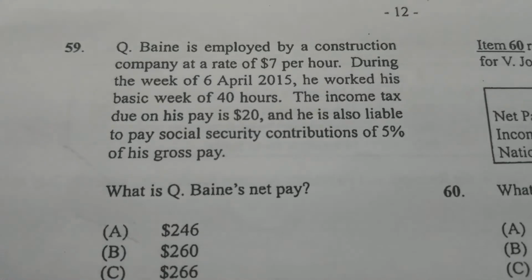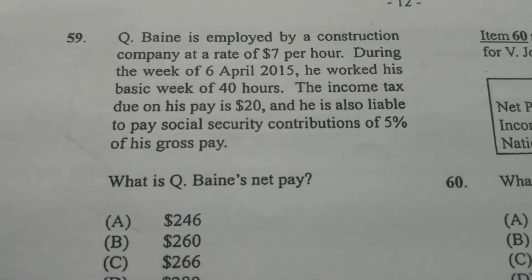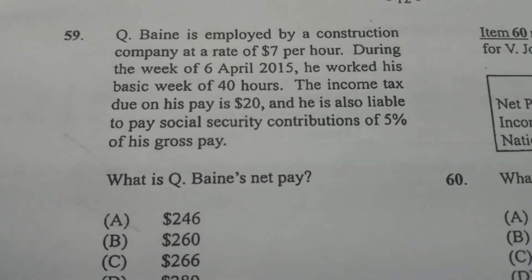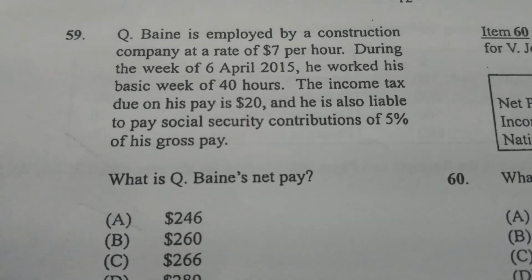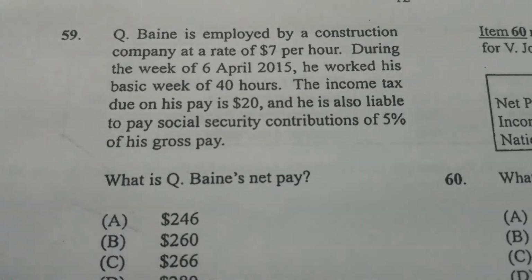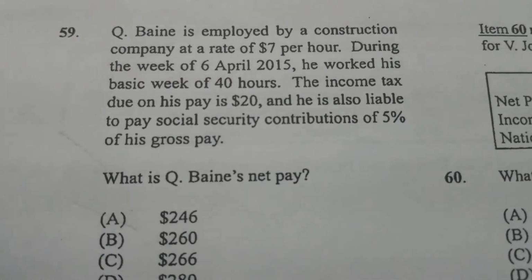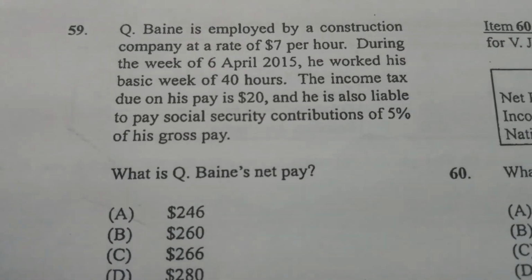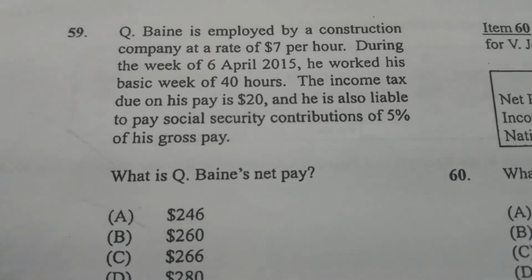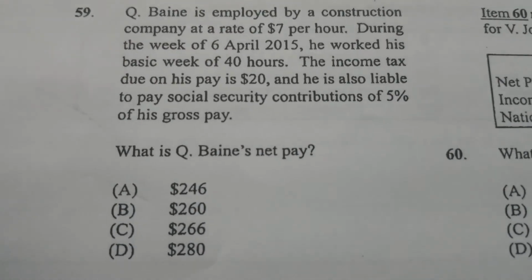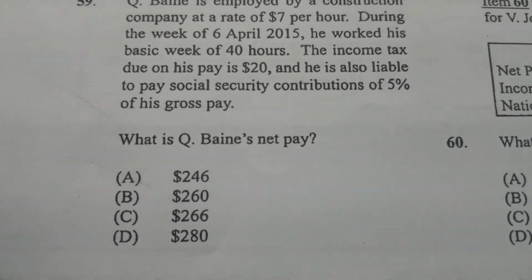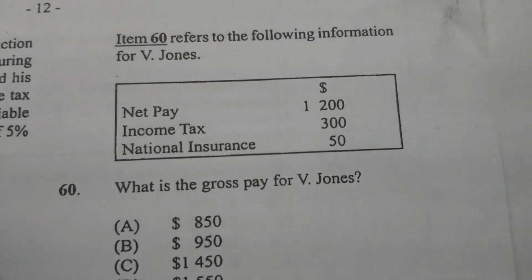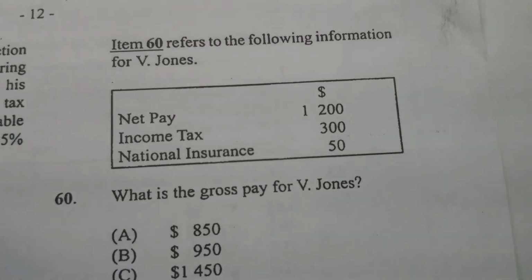How did we come by that? If he has a rate of $7 per hour, we multiply the $7 times the 40, right? Then you subtract the income tax of $20, and of course the 5%. You find the 5% and subtract it from that total, and our answer is 246.